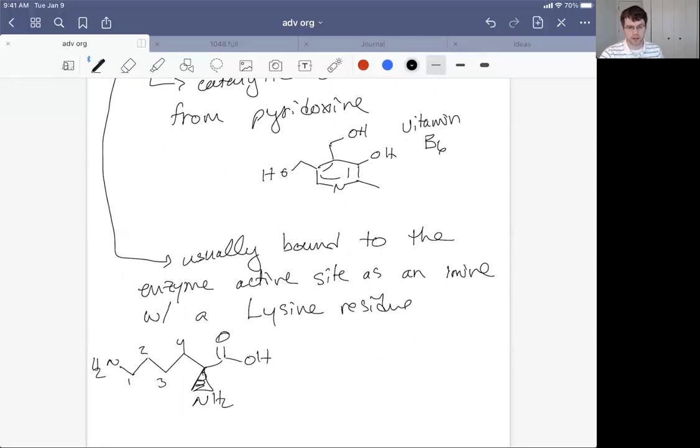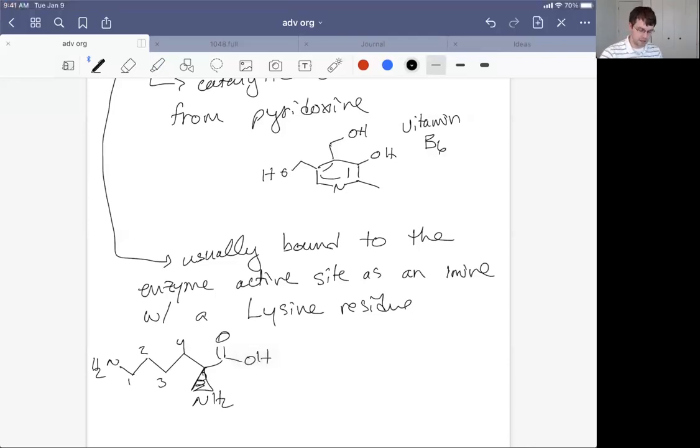I believe that's right. Let's not mess that part up. 4 carbons. Yep, 1, 2, 3, 4. Perfect. Okay. Wanted to get that in front of us so that we could at least see it.